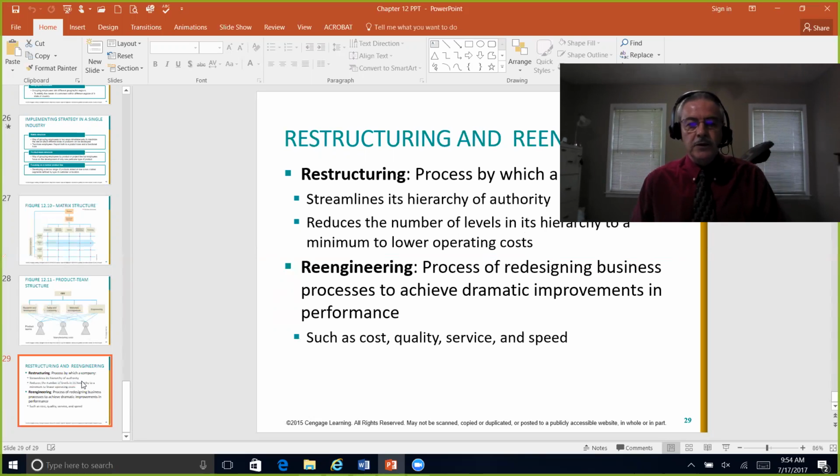And one way of doing that was to restructure the organization, do away with levels of hierarchy that were unneeded, and do away with no-value or low-value creation activities.